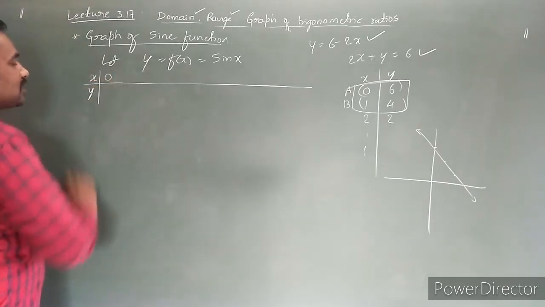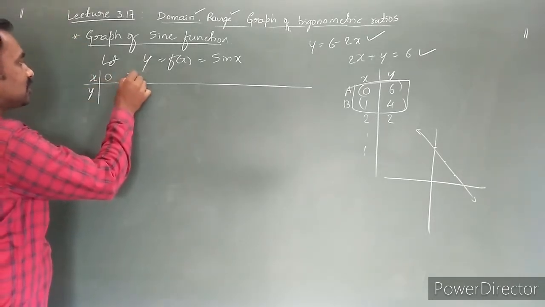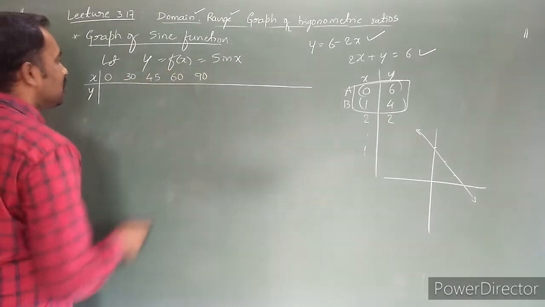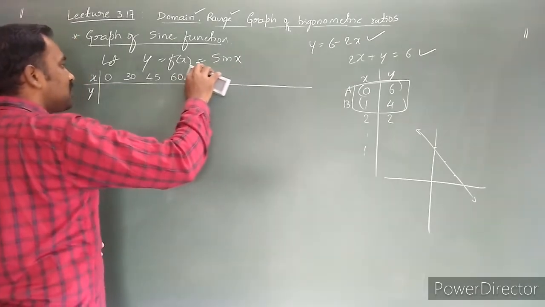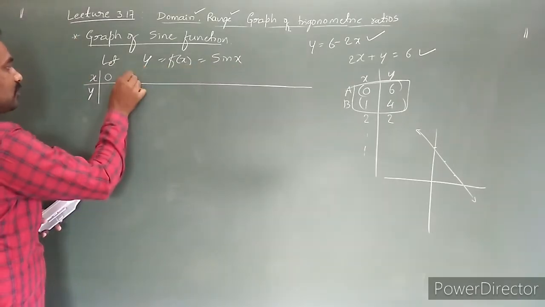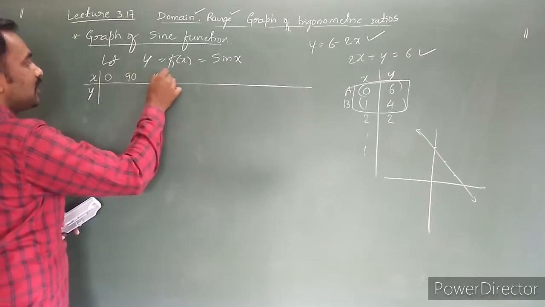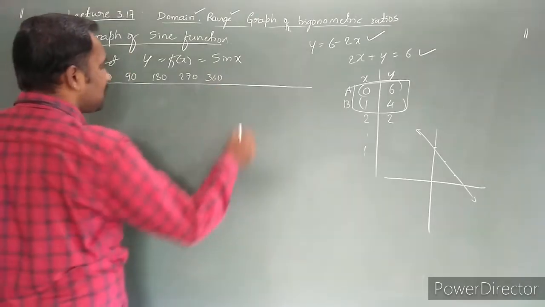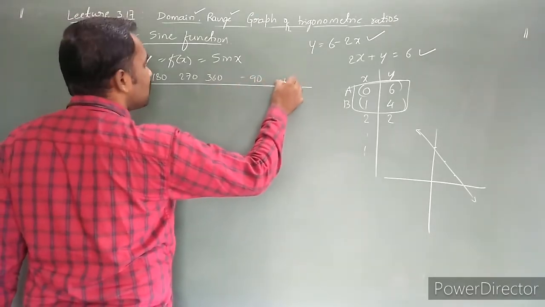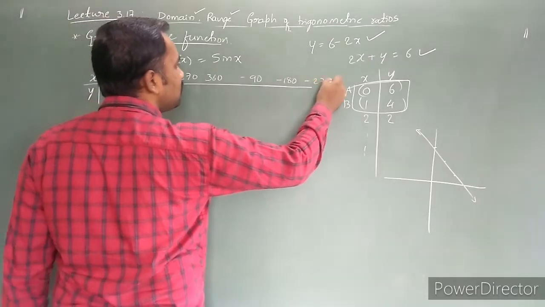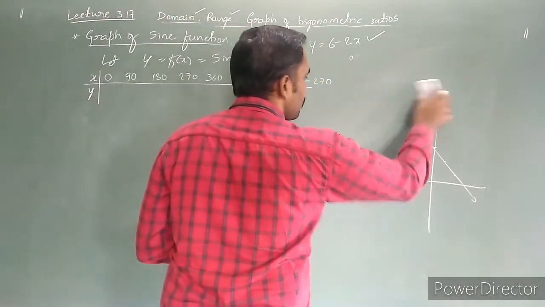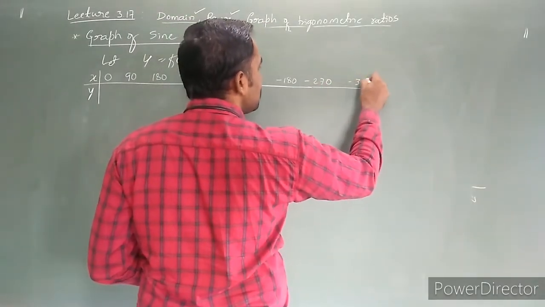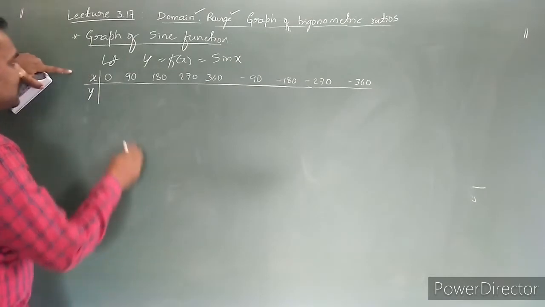What happens if I take x value 0 and 30 degree, 45 degree, 60 degree, 90 degree, and instead of taking these, I directly take 0, 90, 180, 270, 360, positive angles. Similarly, consider the negative angles: minus 90, minus 180, minus 270, minus 360, or else write in the radian measure.